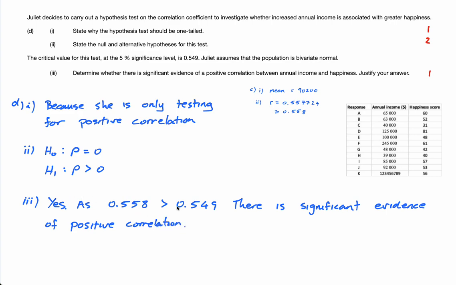Okay, so yeah, there is significant evidence, and that's the justification, because our R value is bigger than their critical value. Okay, that's part D.